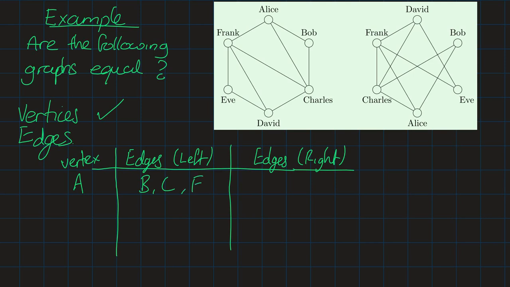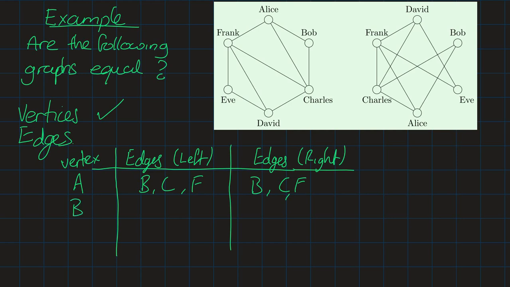And in the right graph, Alice has an edge to Bob, Charles, and Frank. So they're the same, and that's what I'm hoping to happen. I'm hoping that for every vertex, it's connected to the exact same set of other vertices. But I can't just do Alice, I need to do them all.